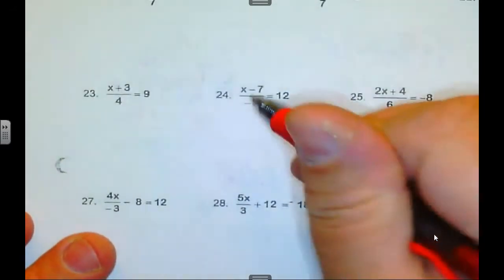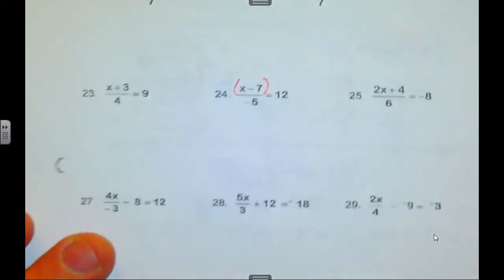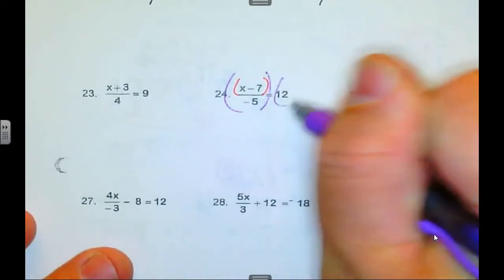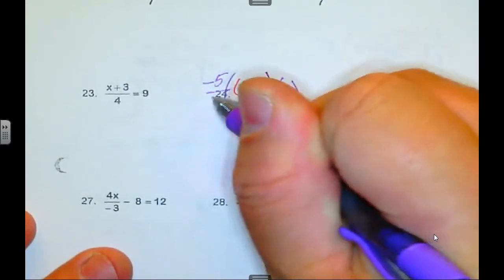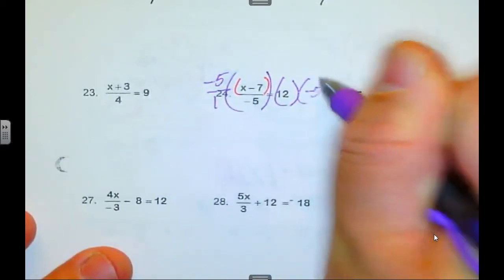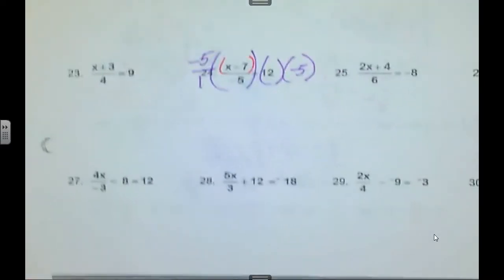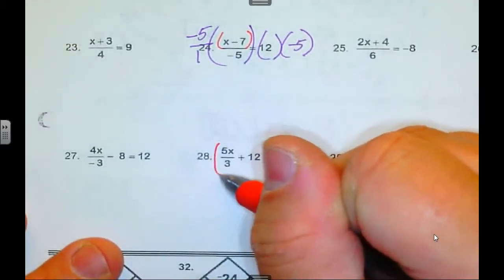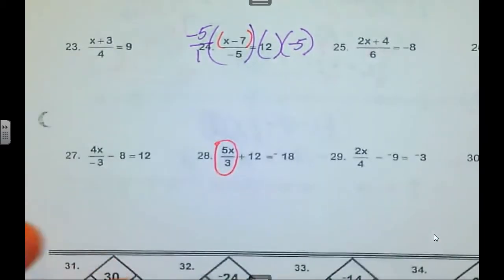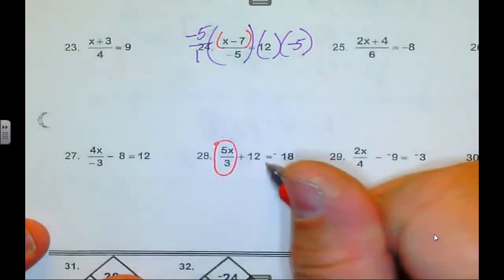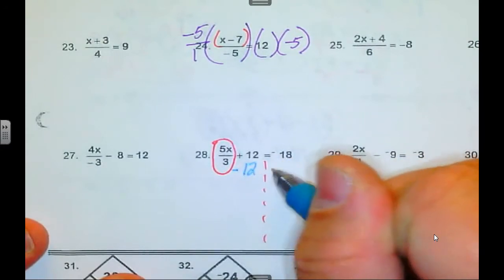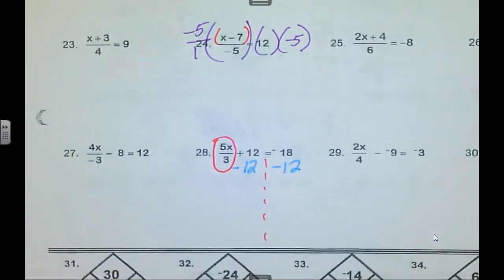Some of them are locked in the numerator, like 24, so you're going to have to multiply both sides by -5 first. Some of them are just by themselves as a term with a fractional coefficient. So here you would subtract 12 first, then multiply by the reciprocal 3/5.